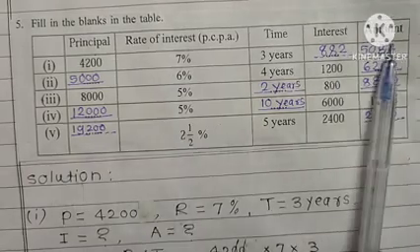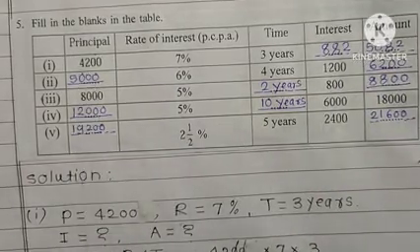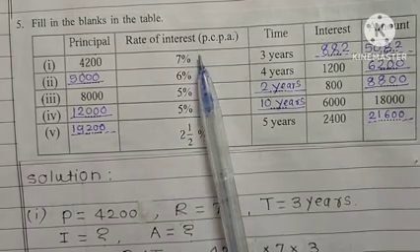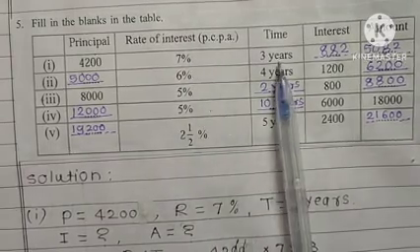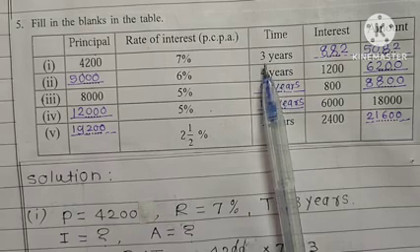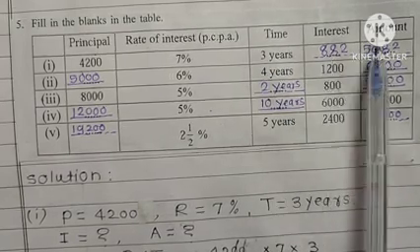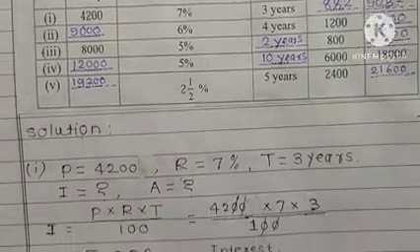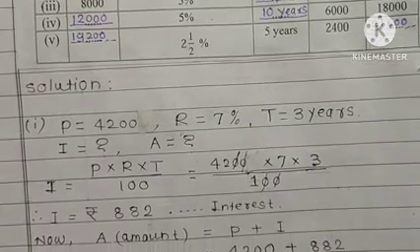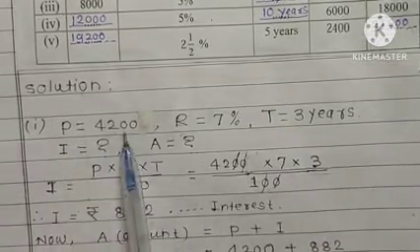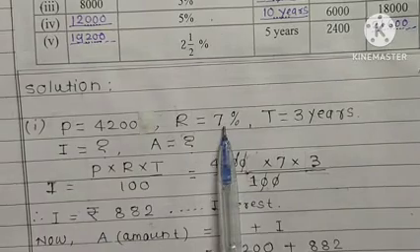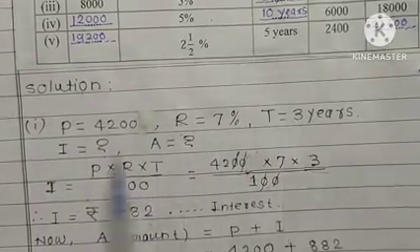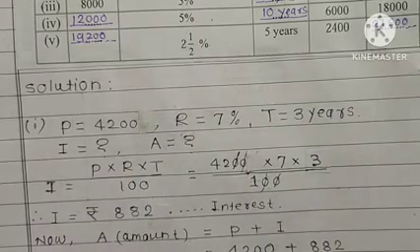First, here P is given 4200, R is given 7, T is given 3 years, and I and A are asked. Okay. So question number 1, P is equal to 4200, R is equal to 7%, T is equal to 3 years, I and A to calculate.